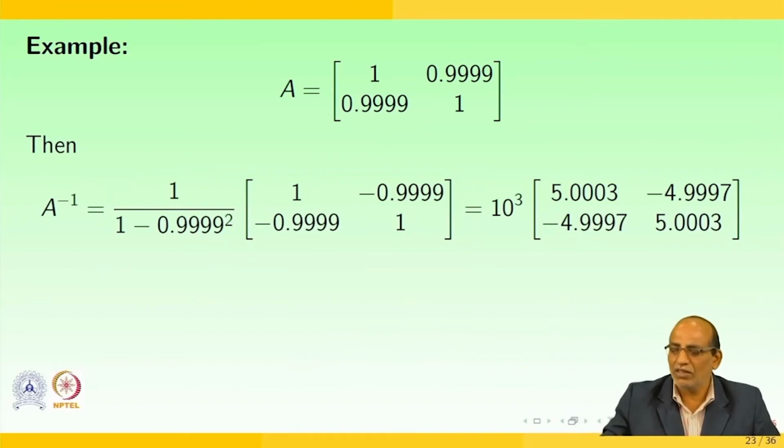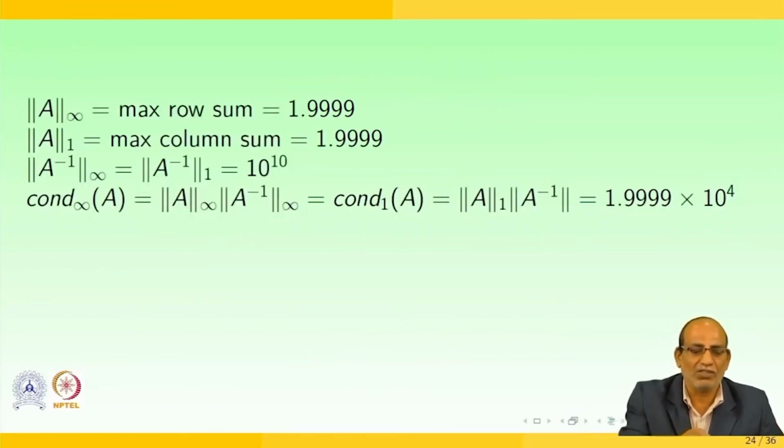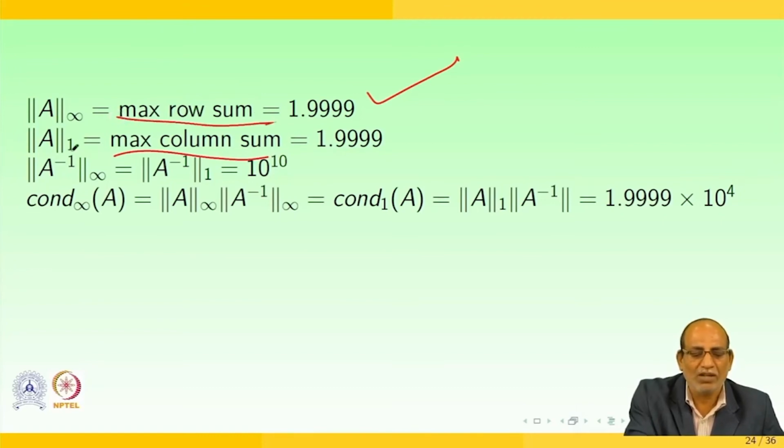Now let us look into the norm of this. So norm of A infinity is the maximum row sum. When you calculate the maximum row sum, it turns out to be 1.9999. And when you calculate the one norm, that is the maximum column sum, which is 1.999.